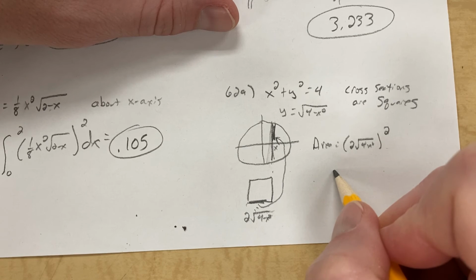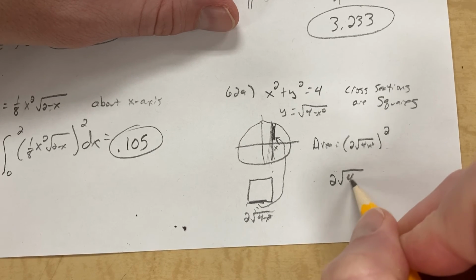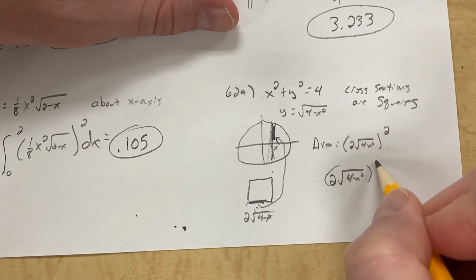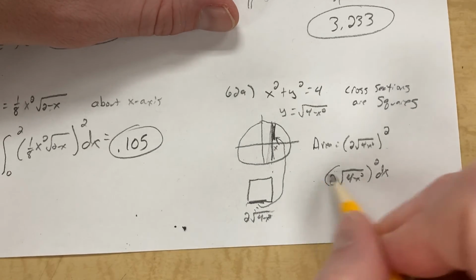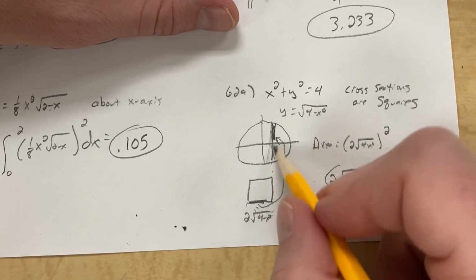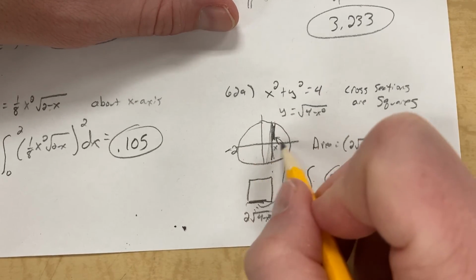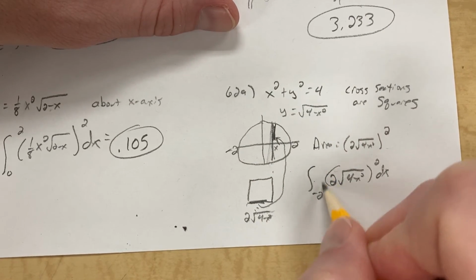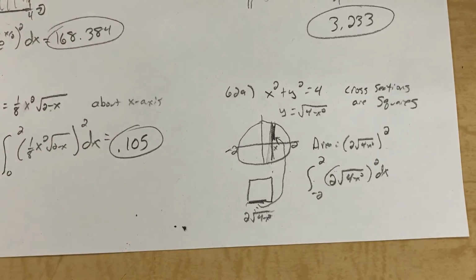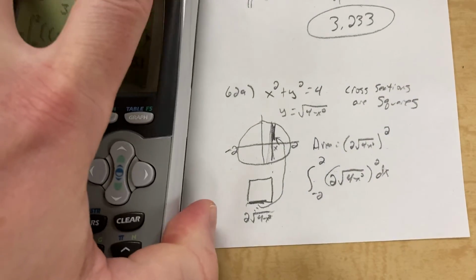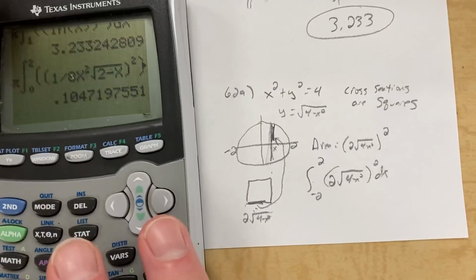So if I do 2 square root 4 minus x squared squared dx, now I've got a volume for that little disk that I pulled out of there, and I'm going to integrate all of those from -2 to 2. And that'll give me the full volume. I don't need a pi. We're not spinning anything. We're not creating any circles.